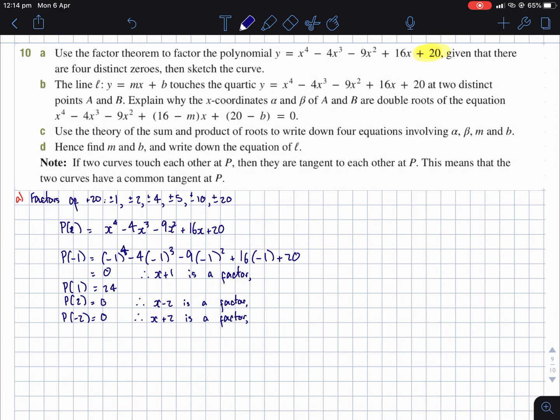Now, technically I could start properly dividing at this point, but I'm going to keep subbing these in because it's so much easier than actually doing the long division. Okay, I'm going to try negative 4 now. 324.